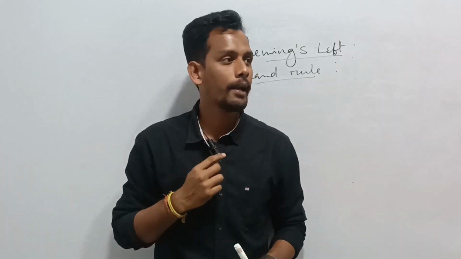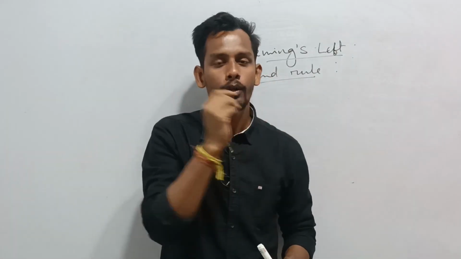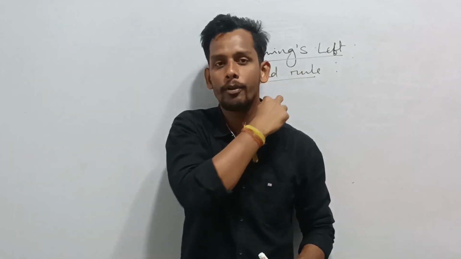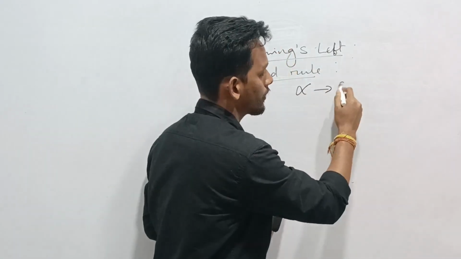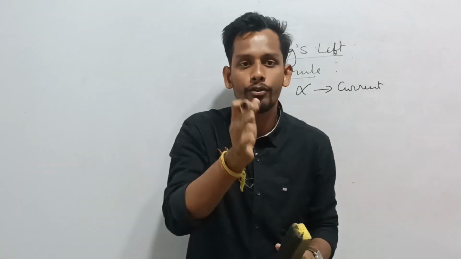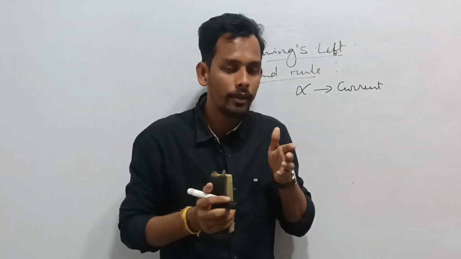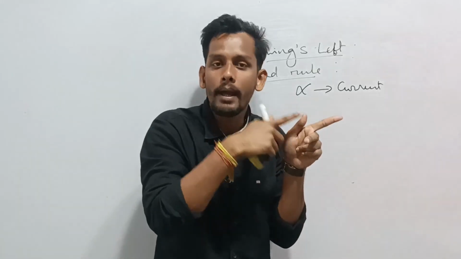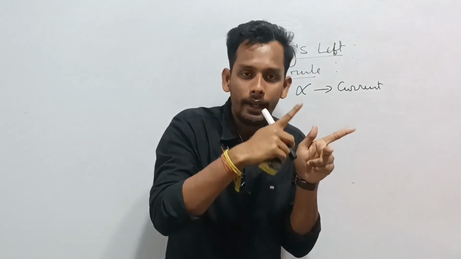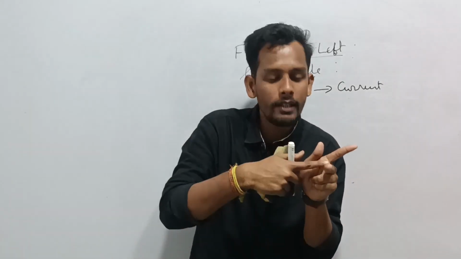Now suppose you are standing in a medical facility. Behind you there is an X-ray room, and some alpha particles are scattering from that room. The direction of the alpha particles is from your back to your front. You can take the direction of alpha particle motion as current, from your back to your front. Now due to the presence of a magnetic field, these alpha particles are displaced towards your right.